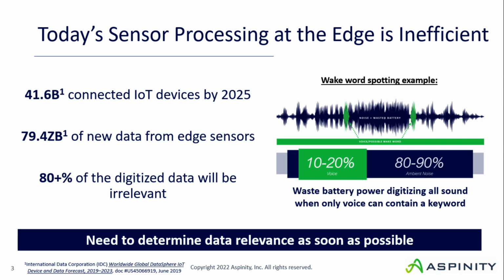And so all this extra processing is particularly bad for battery-powered devices because it just drains the battery. So it's really critical that we come up with ways to determine the relevance of the information as soon as we can so that we can then spend our resources processing the relevant information.